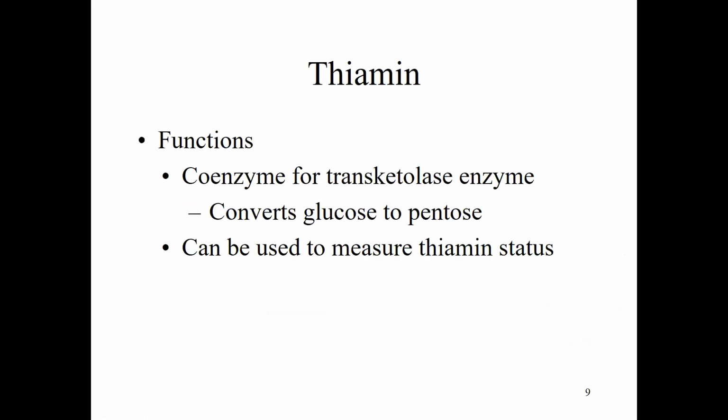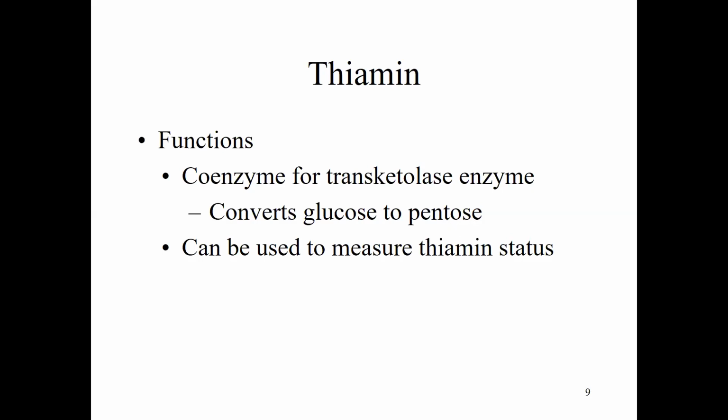In terms of other functions, it's also a coenzyme for the transketolase enzyme, and that's going to convert glucose, that sugar, to pentose, which is another type of sugar that's going to have 5. That's where the pent comes in, 5 carbons.